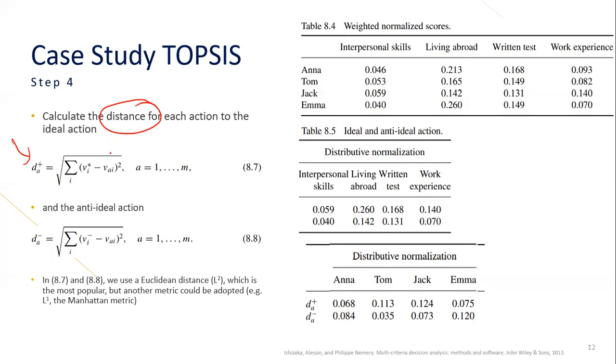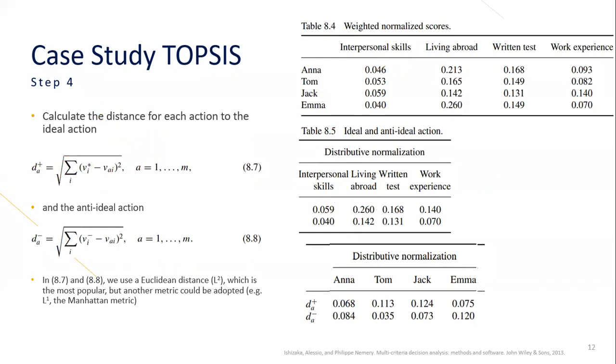For example, if you have this number and then this number in terms of interpersonal skill, you calculate the distance from this to this as the square root of this minus this squared, plus this, and so on.